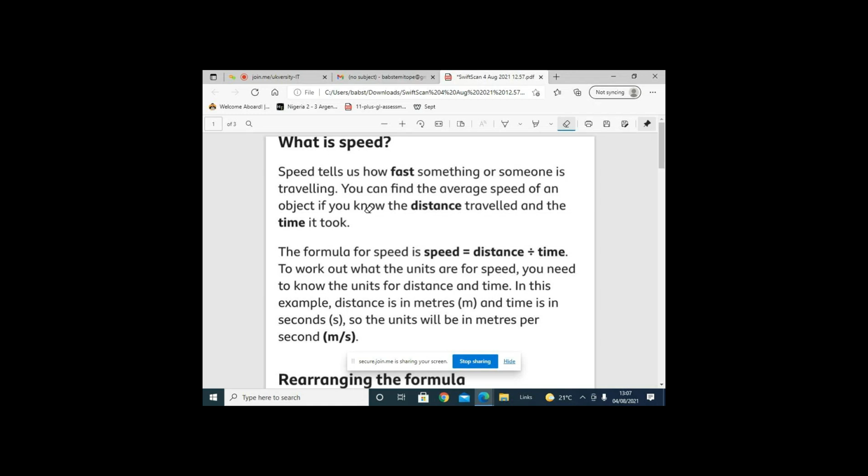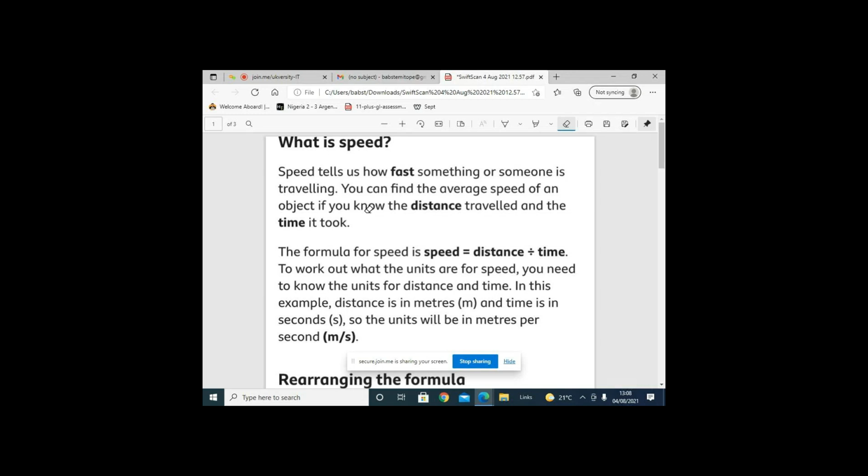That means the one with 100 meters in 10 seconds will have a higher speed compared to the one with 100 meters in 20 seconds.